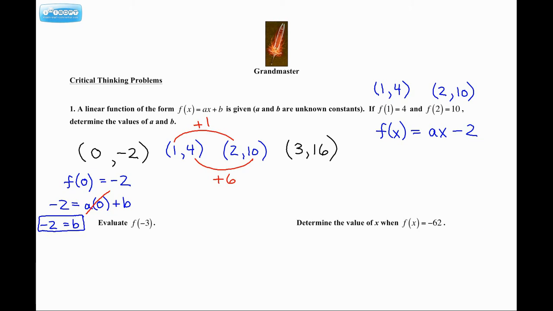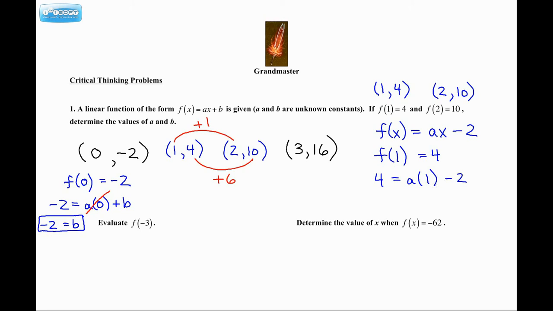From here on in, we can use any point. We don't want to use this one again because a would disappear. So let's pick this one, f of 1 is 4. In other words, 4 is equal to a times x, but x was 1, minus 2.